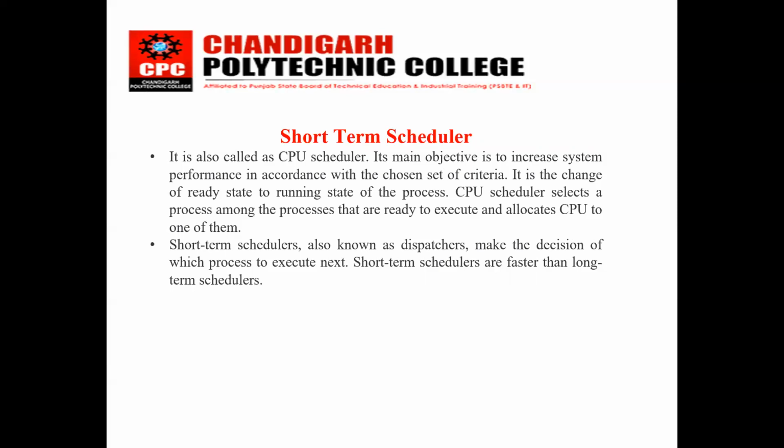The short-term scheduler must be involved with each process switch, here the switching of a processor from one process to another, so as to select the next process to run. But practically, the short-term scheduler is invoked in response to every event that leads to a change in global system state.